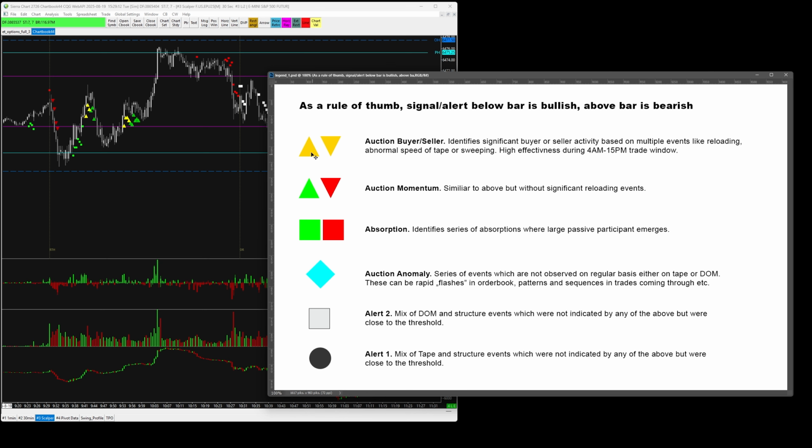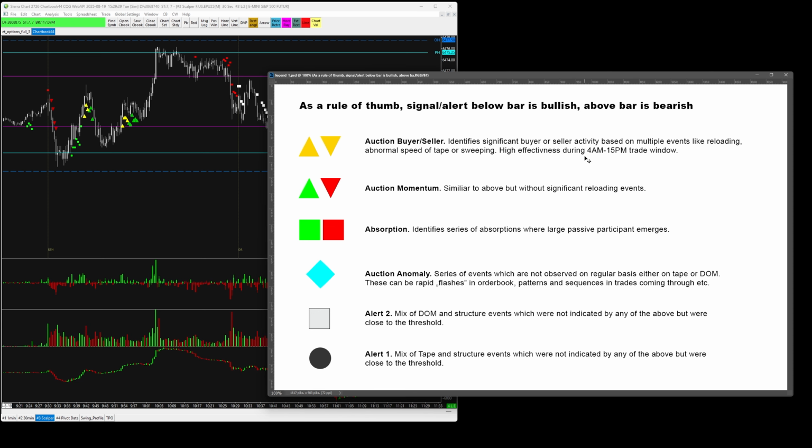So the triangles are the two kinds of them, right? These are triangle up or triangle down, basically bullish and bearish, and this is auction buyer and seller. It identifies significant buyer or seller activity based on multiple events like reloading, abnormal speed of tape, or sweeping, with high effectiveness during the 4 a.m. to 3:15 p.m. trade window.